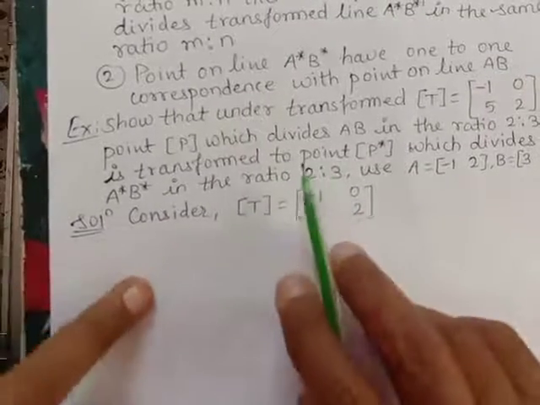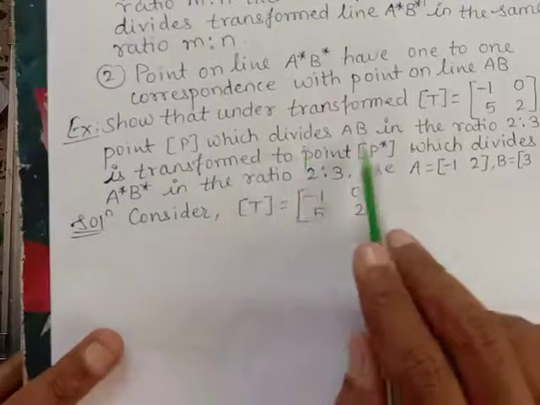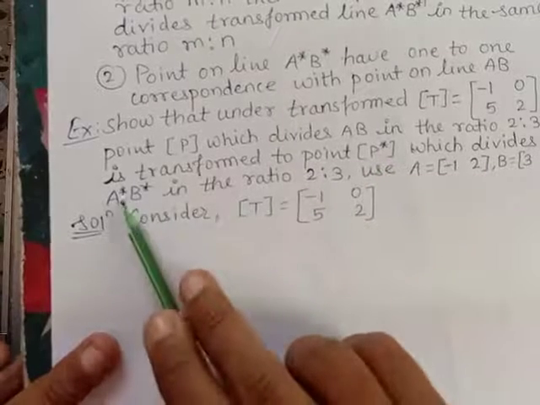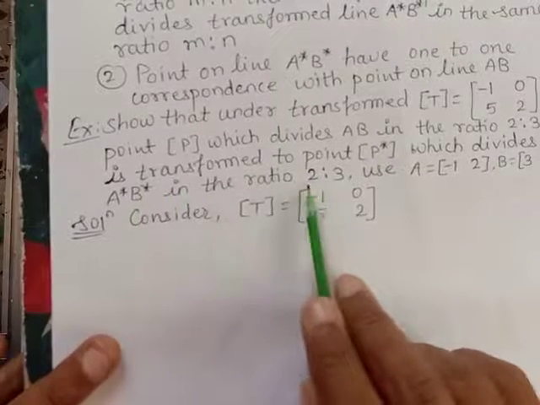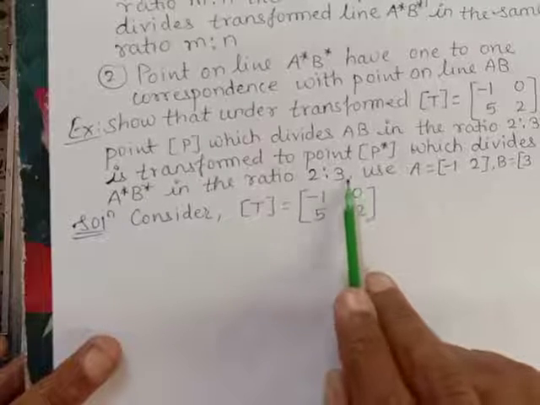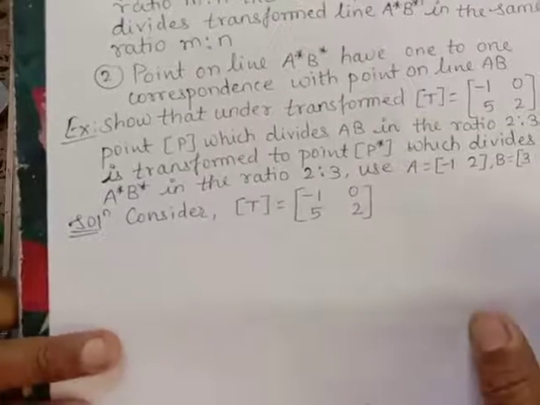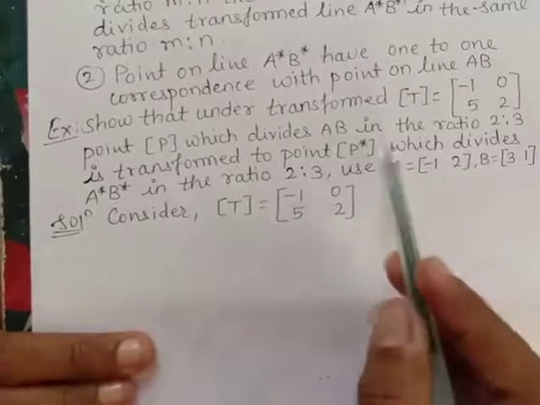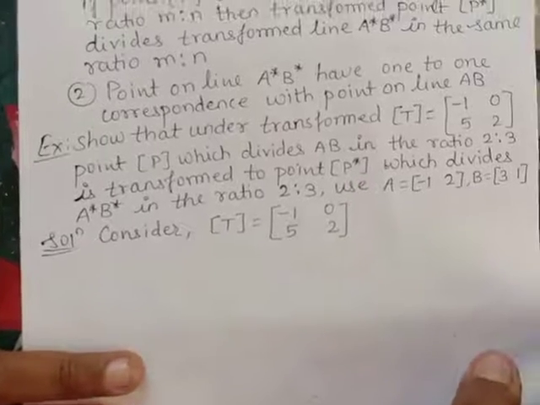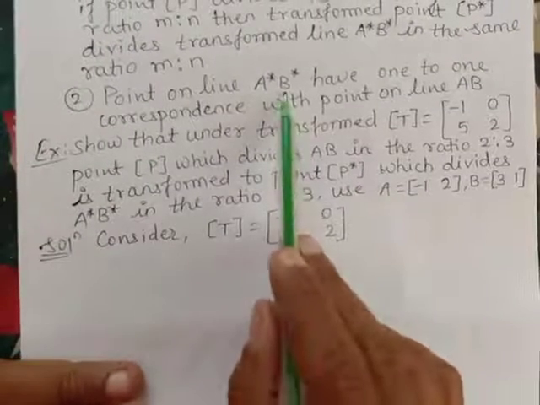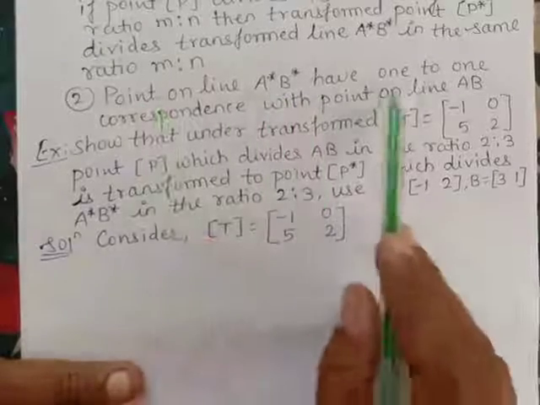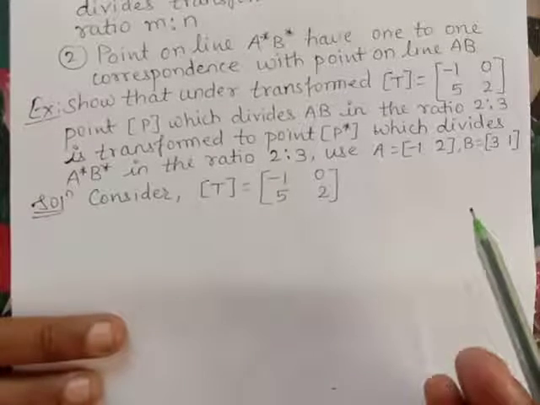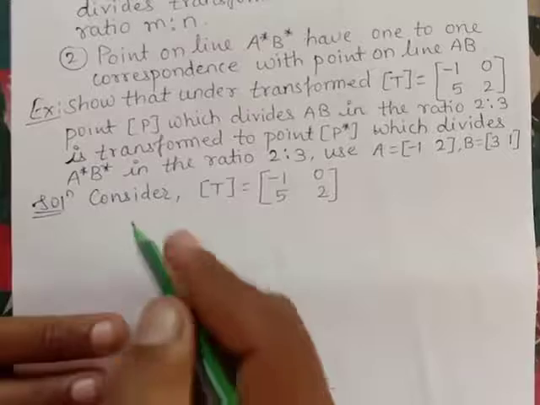We have to show that if P is a point which divides AB in the ratio 2:3, then the transformed point P star must divide A star B star in the same ratio 2:3. So it is just like showing midpoint transforms to midpoint. Similarly, P transforms to P star. That is the same as proving this second note, that points on line A star B star have a 1:1 correspondence with line AB. Every point will transform to another point but in the same ratio. Okay.